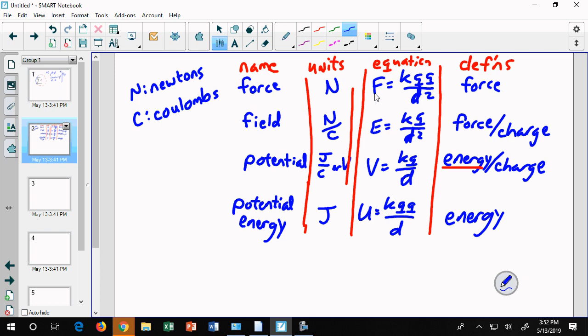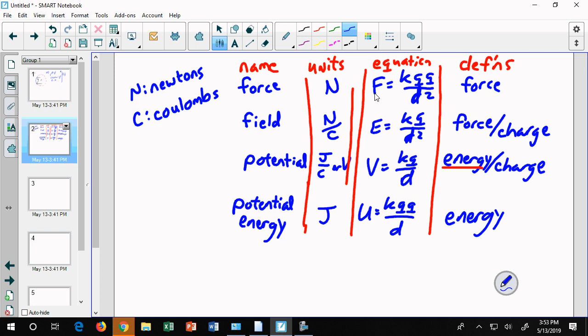You can tell from the equation. Only one charge here, but here I have two charges. To have a force, I have to have two charges. And here, to have potential energy, I have to have two charges. Because if you only have one charge, there's no force, and if you don't have any force, then you don't have any potential for motion.